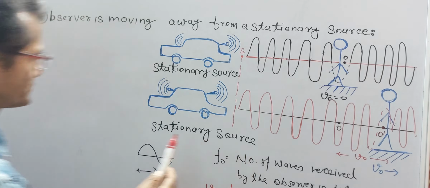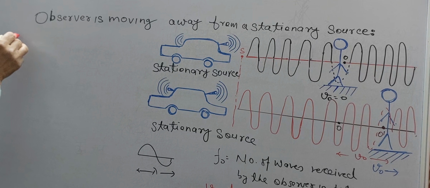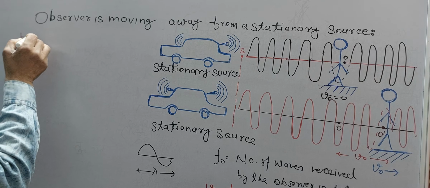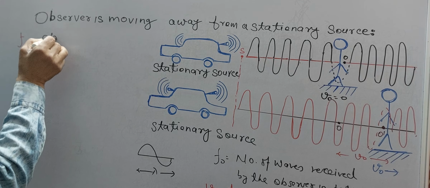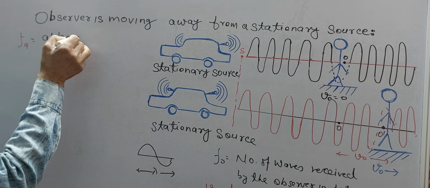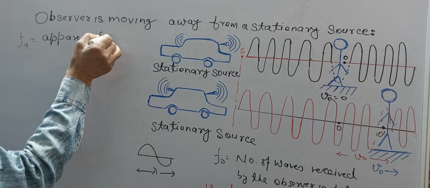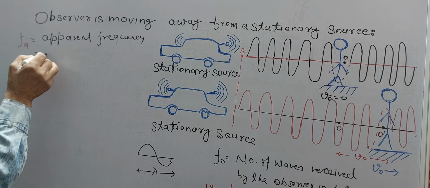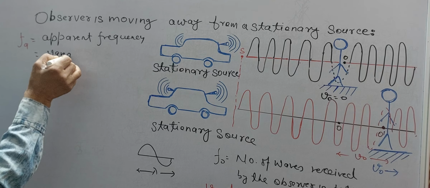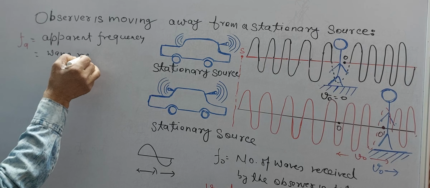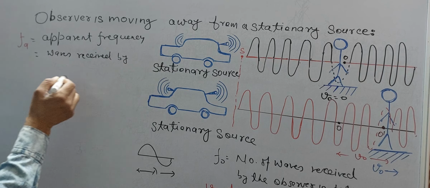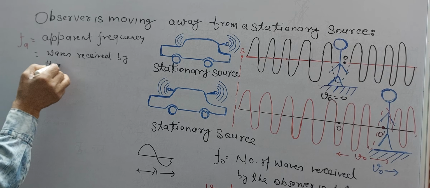Now fA will be our apparent frequency, or I can say the waves received by the moving observer.